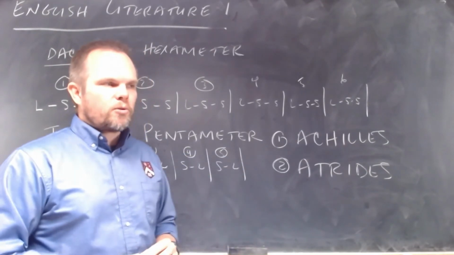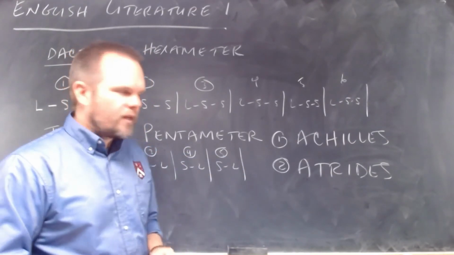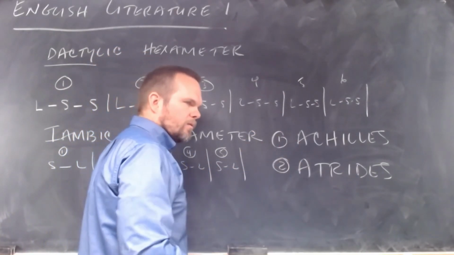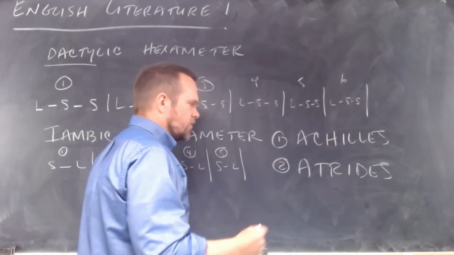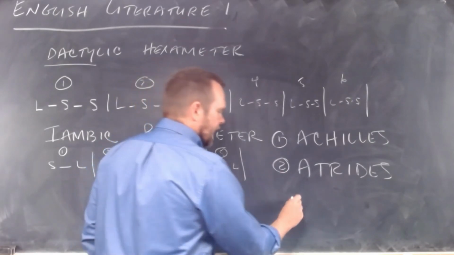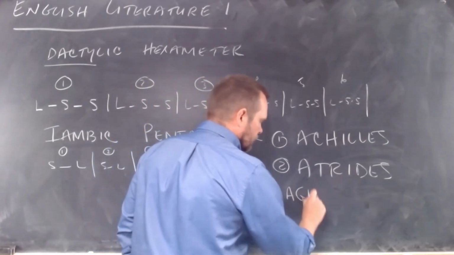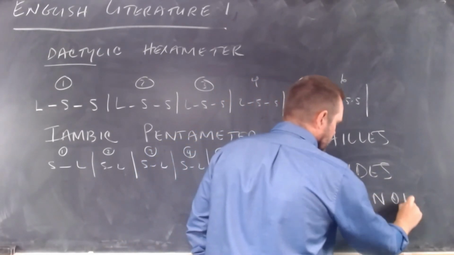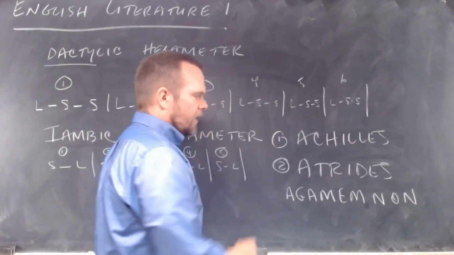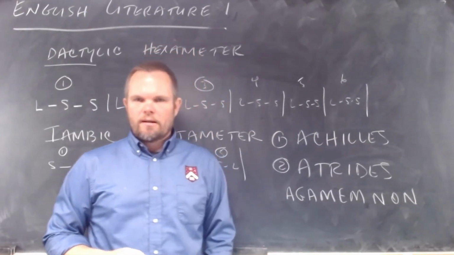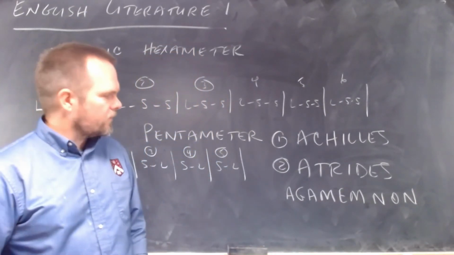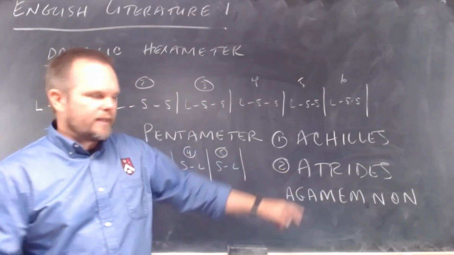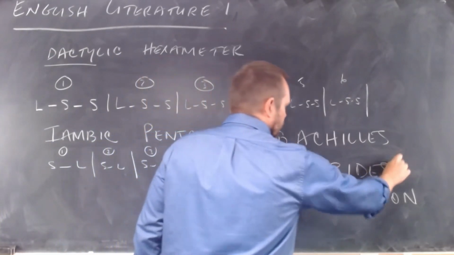Atrides is not actually the person's name. One main character is Achilles, the famous warrior, this famous Greek soldier. But the second character is a king whose name is Agamemnon. He's referred to by Homer as Atrides. That's just a way of referring to him.